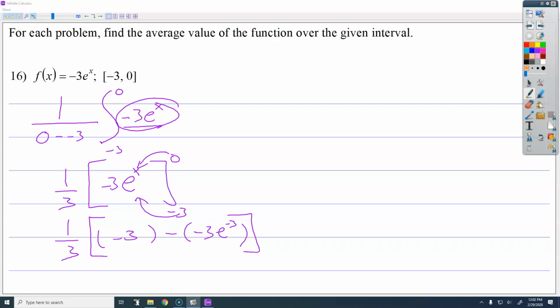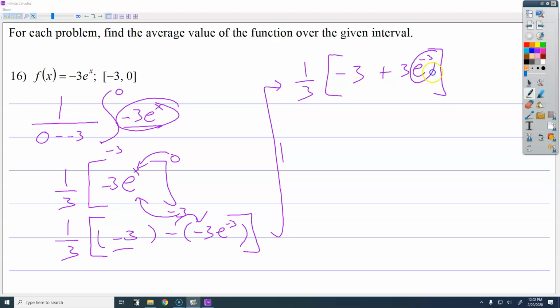So at this point, we kind of have a weird situation here, just a little bit of algebra to deal with. So we have negative 3. Distribute your negative. Now, as you guys know, anything to the negative power can be written like this, where you move it to the bottom, right?